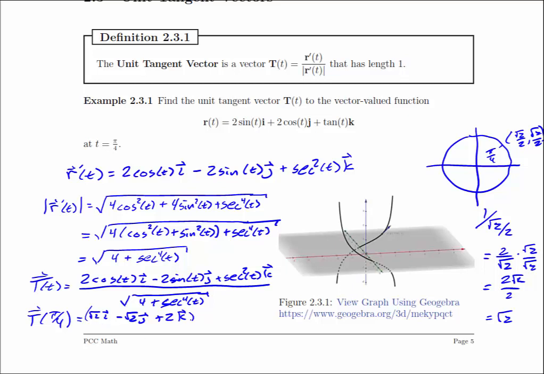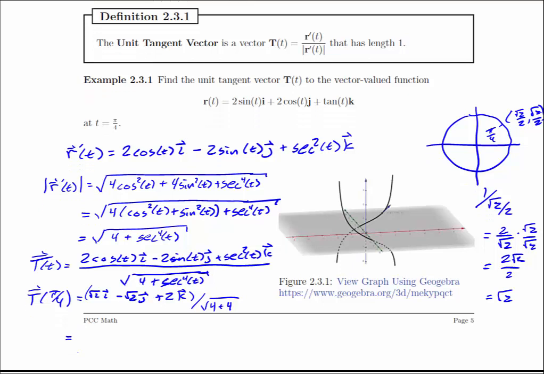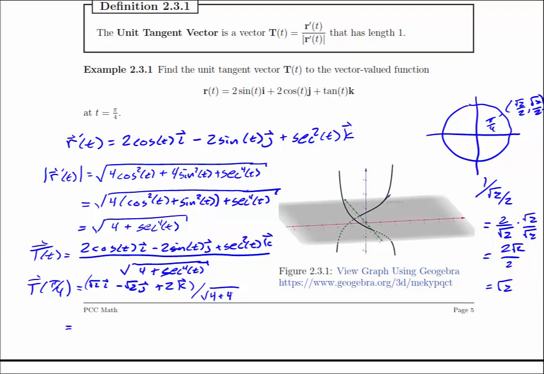And then all of this divided by 4 plus, so secant squared is 2, secant to the 4th is 2 squared is 4. And so this is the square root of 8. Square root of 8 equals 2 root 2.